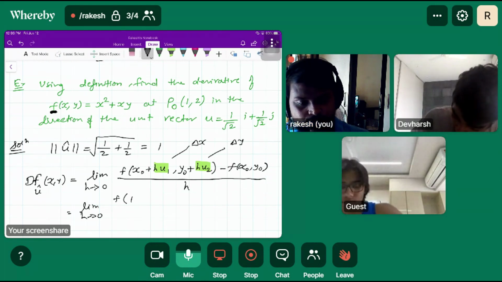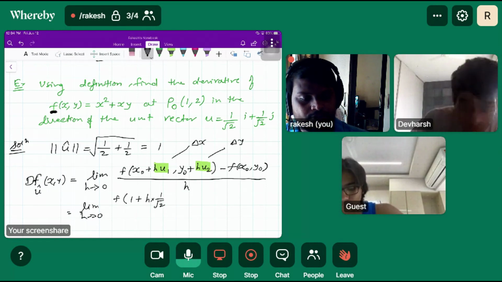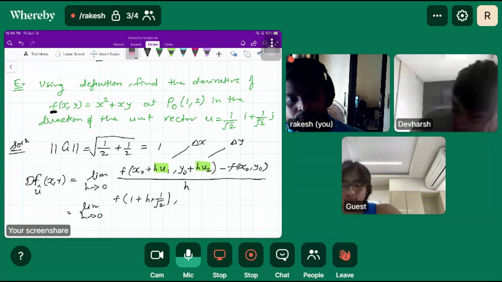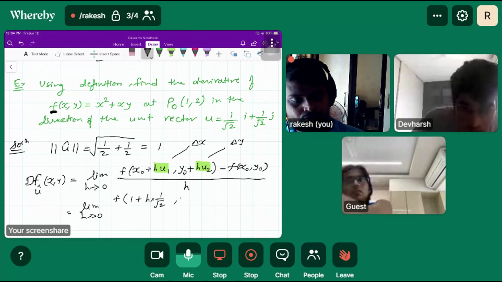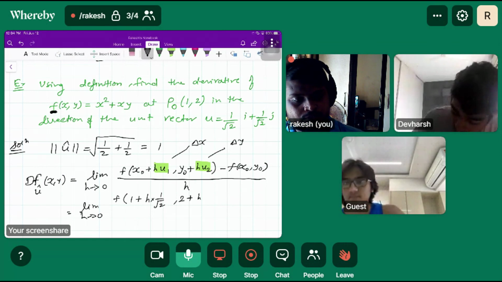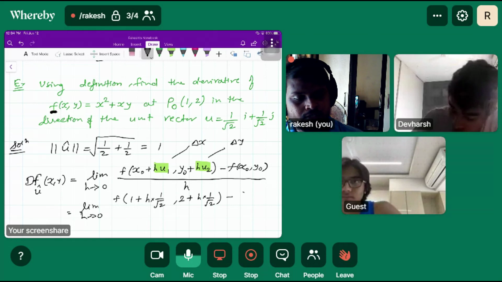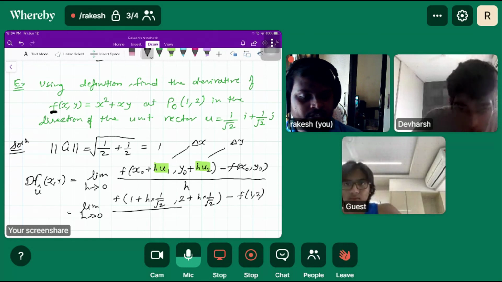So x naught is 1 comma, u1 is 1 over root 2, right? y naught is 2 plus h into 1 over root 2, minus f of 1 comma 2, upon h.